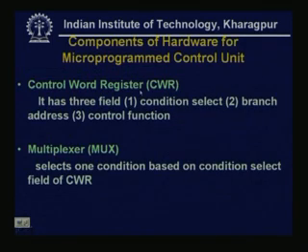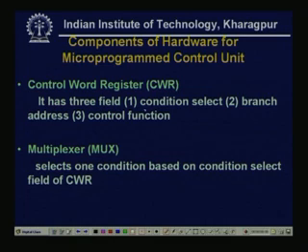Now, the control word register or CWR. Each control word in the control memory is assumed to contain 3 fields: condition select, branch address and control function.